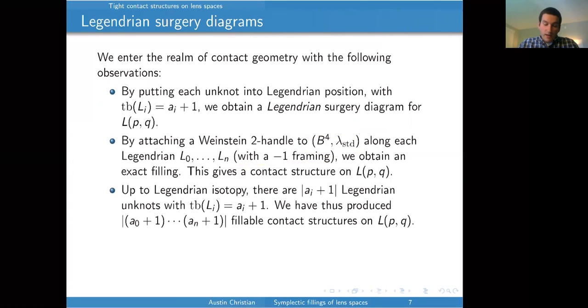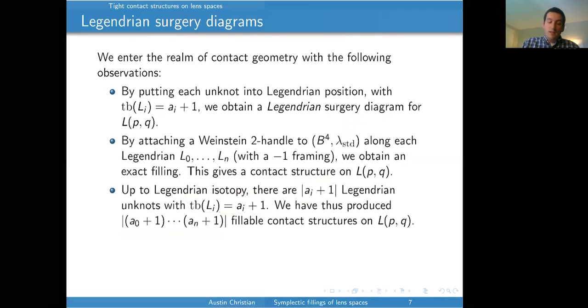So up to Legendrian isotopy, we have some number of choices of Legendrian unknots that have the desired framing, and that number being this absolute value of a_i plus 1. So we've thus produced |a_0 + 1| times |a_1 + 1| up to |a_n + 1| fillable contact structures.